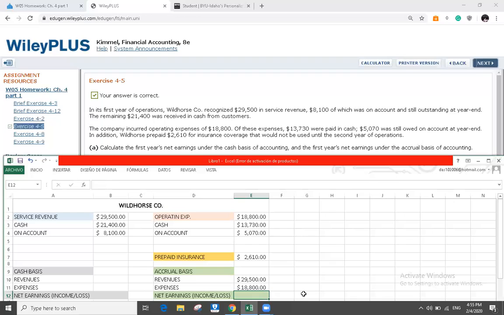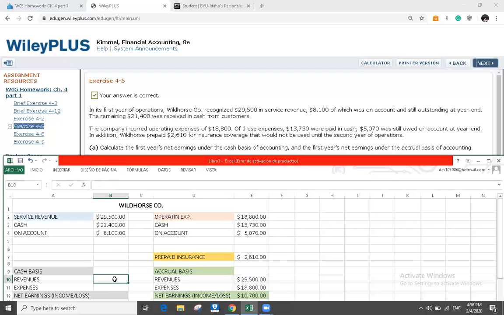To find the net earnings, which we know is revenue minus expenses, gives me an amount of $10,700.